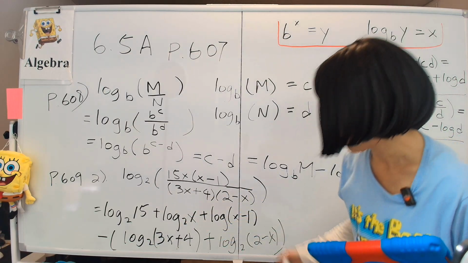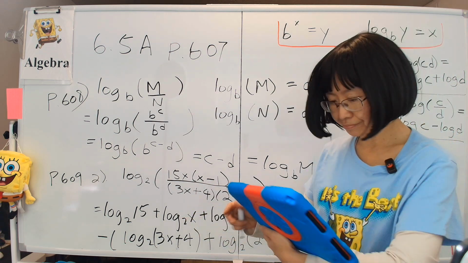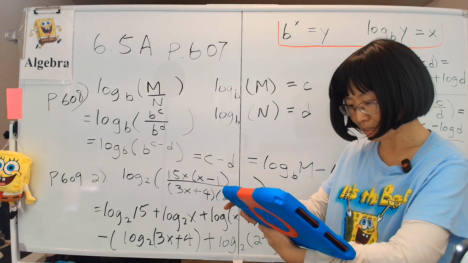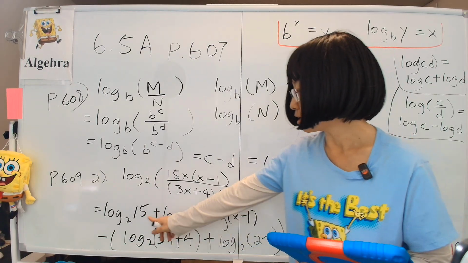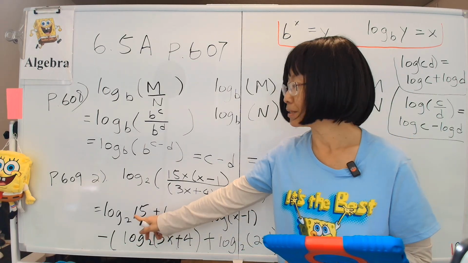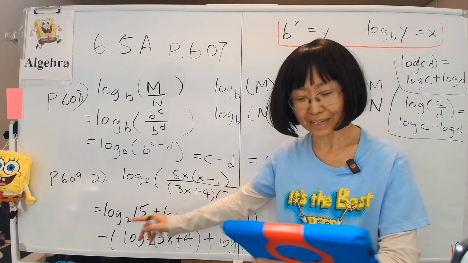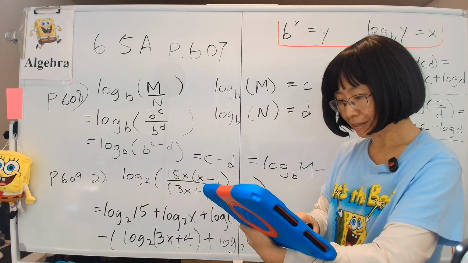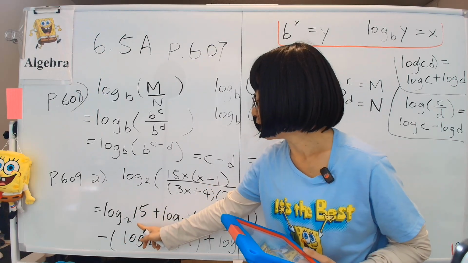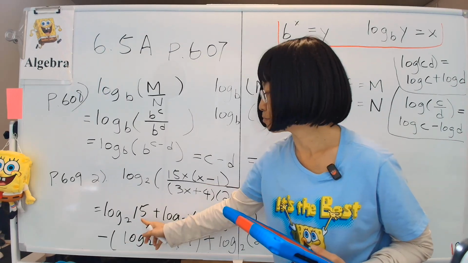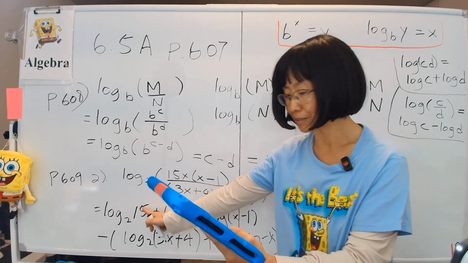Now let's look at the answer in the book. The answer in the book wants you to break this thing up. That's log of 3 times 5, I mean log 3 plus log 5. So that's taken care of. I won't write that out now because you just break this into log 3 and log 5.